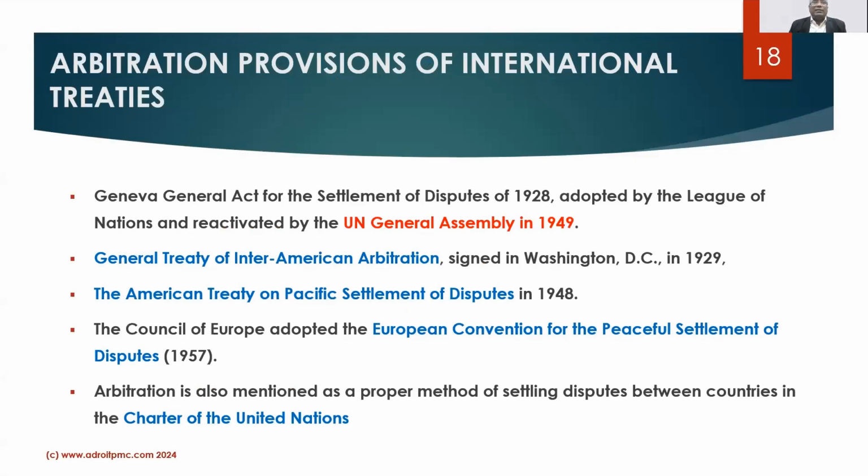But again, it came back. Subsequently, there were some important treaties. Normally, for international disputes, treaties are very important to resolve disputes between countries. So these are the important treaties. I'm just leaving it to you for your soft reading.